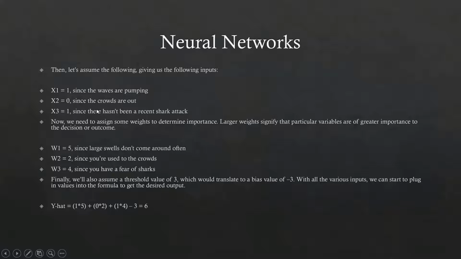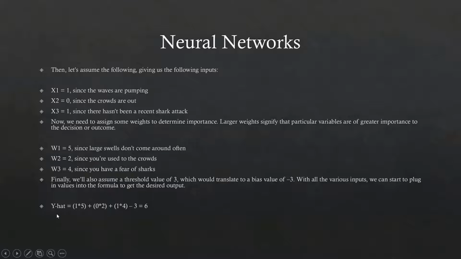So for example, the weight for this first variable, the waves, would be 5, a pretty high weighting, since large swells don't come around often, and that may be more of an incentive to go surfing. Now, weight 2 is 2, which is not as high because you're used to the crowds. While weight number 3 here is 4 because you have a fear of sharks, meaning that the waves is the most important variable, sharks is the second most important variable, crowds is the least important.